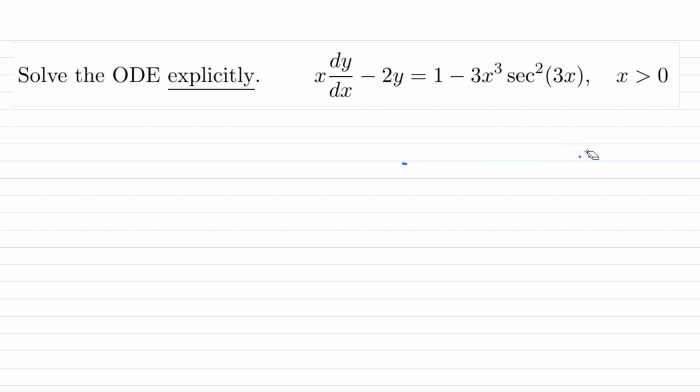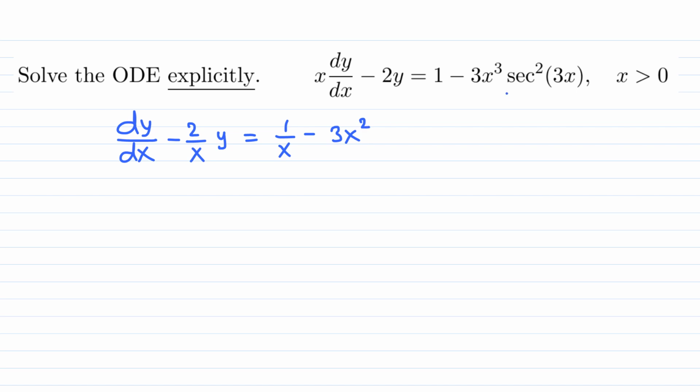So this is exactly in that linear form. Here, let's divide by x throughout. So this is dy over dx minus 2 over x y equals, divide by x, so 1 over x minus, divide by x, so here 3x squared, right?